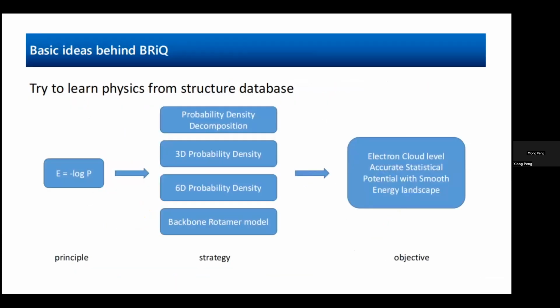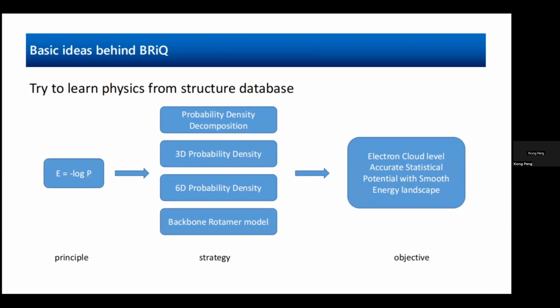So besides the deep learning method, we have another way to do the structure prediction. It's a statistical energy function strategy. We are trying to learn physics from the structural database using statistics. The principle is very simple. It's the reverse Boltzmann distribution.